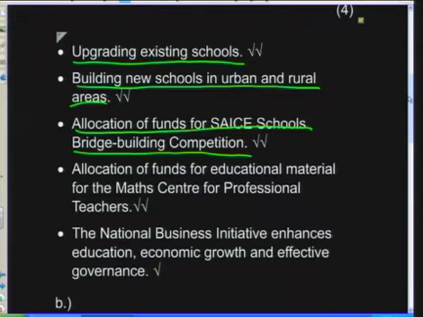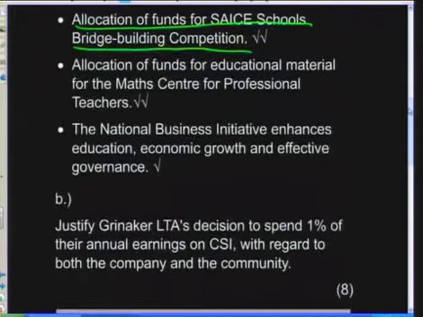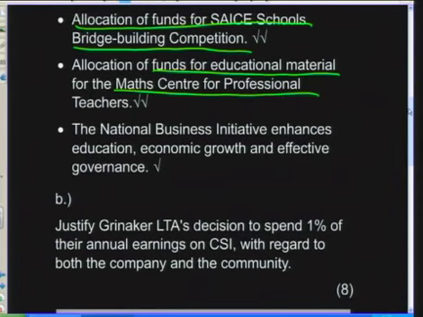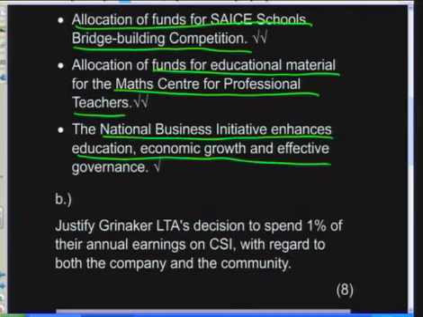Which is quite a big thing for the engineers, right? And the allocation of funds for educational material, for the math center, for professional teachers, right? And the National Business Initiative enhances education, economic growth, and effective governance, right?